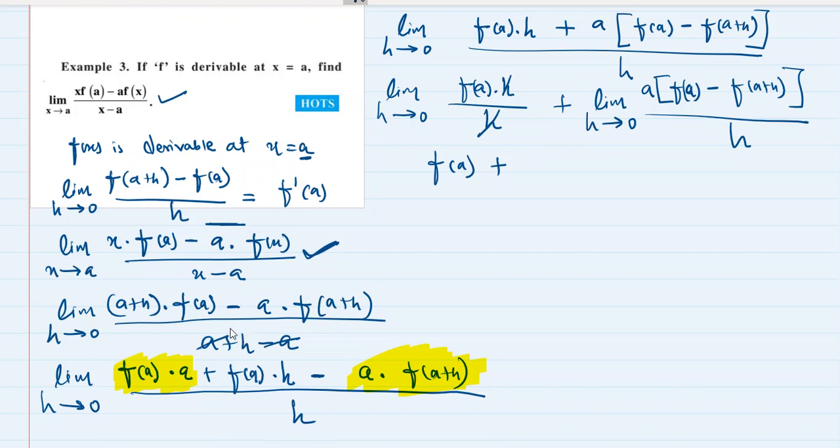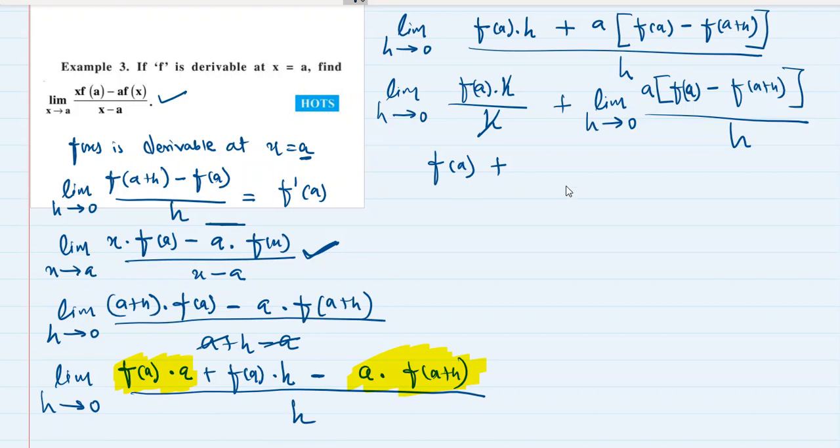This was f of a multiplied by a plus f of a multiplied by h minus a multiplied by f of a plus h. Okay, I don't think there is any mistake. It's okay.